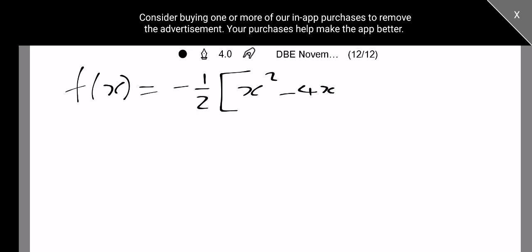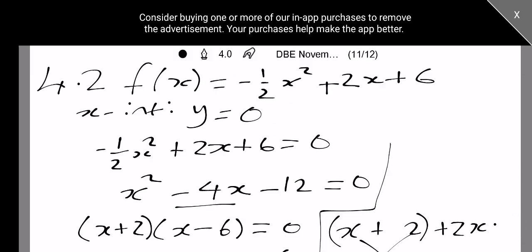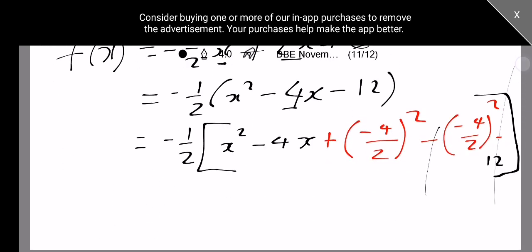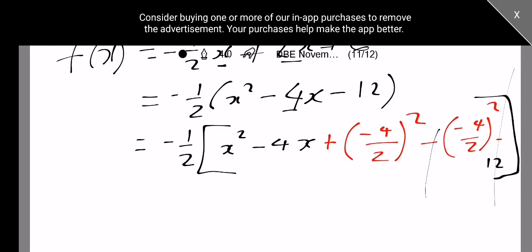Then whatever was in the bracket: it is -4 over 2, -4 over 2 squared, divided by 4. -4 divided by 2 is -2, 2 squared is 4.